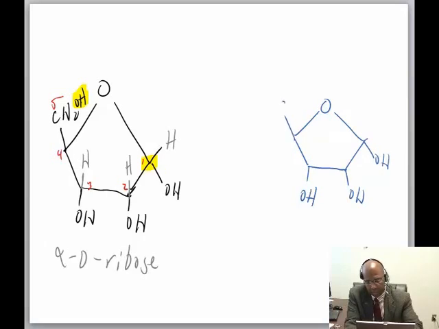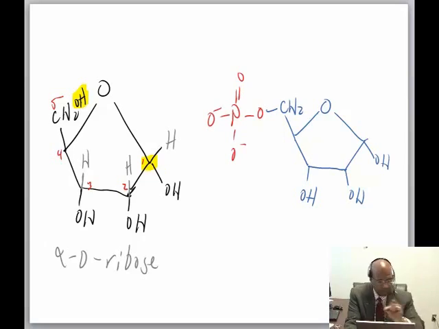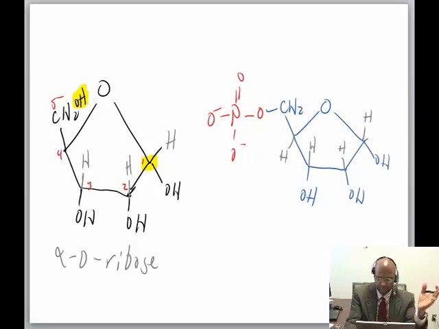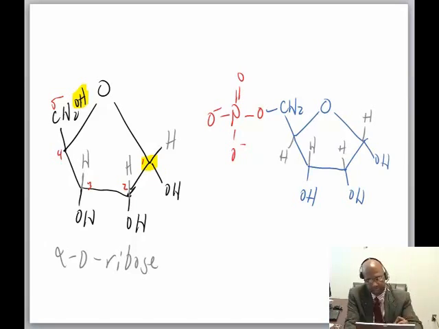So CH2, I'm just going to make all atoms of my phosphate red here. And that's it. Finish off with my hydrogens, because when you look at your notes, I want you to see the correct compound here. And so this is going to be, oh, I'm going to give you a chance.